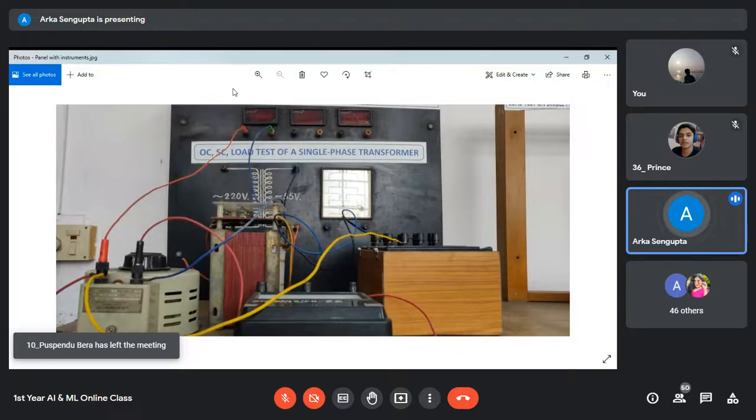There is an ammeter. This one is the ammeter. Here is a voltmeter, and this one is the wattmeter, which is giving us the core loss of the transformer. Now, as we vary the variac, you see what is happening. See from the video I'm showing.